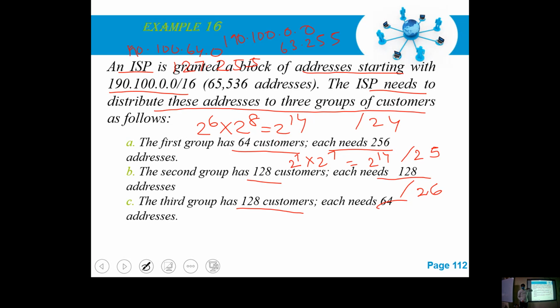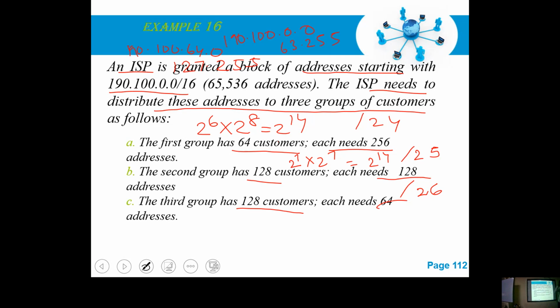What is the last value? It's not 255 because we have 128 addresses. So it will be 127. Next group, it will be like 64.128 to 64.255.